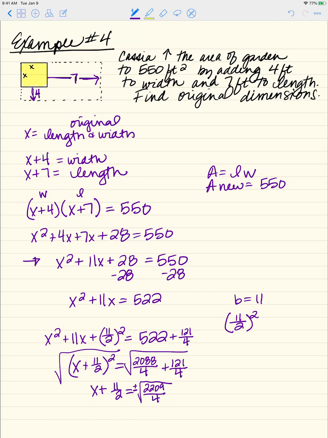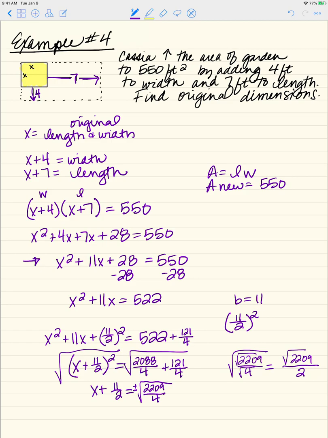Okay, now I need to subtract, okay, and actually, before I subtract, recognize that I have 2,209 over 4, so that's equal to the square root of 2,209 over 2, right? Because it's the square root of the numerator over the square root of the denominator, okay? Square root of 2,209, that's actually a perfect square, okay? So that is 47.